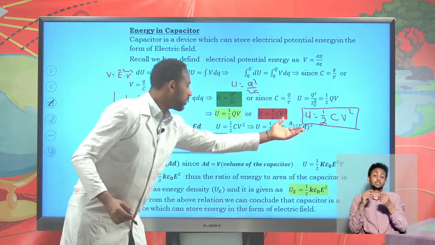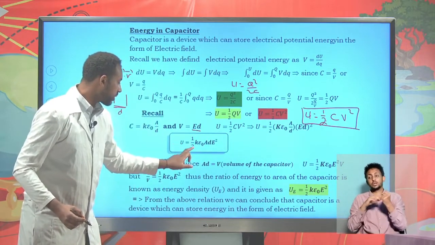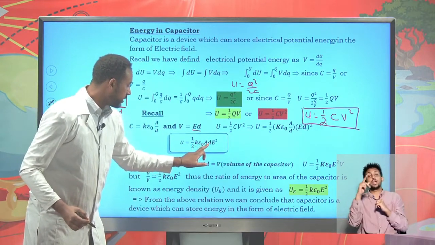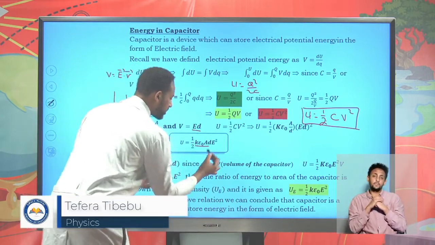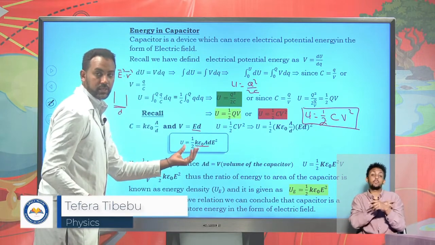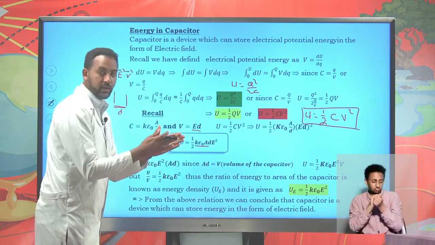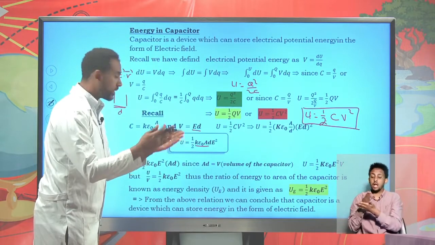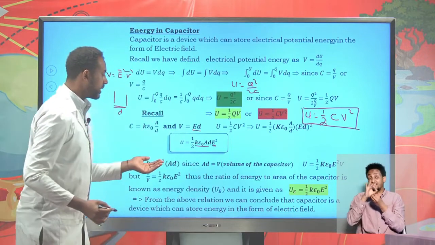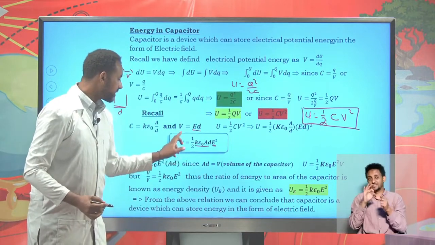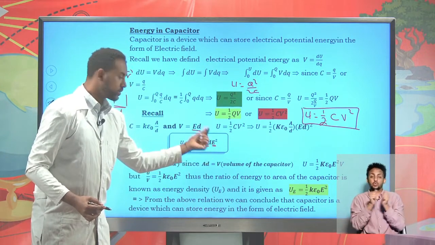Substituting all those values, you can find the energy stored in the capacitor as 1 over 2 K epsilon naught A d times the electric field strength squared. Look here, all those properties are constant for a given capacitor. The area is not going to change, and the gap between the plates is not going to change. The only factor that affects it is the electric field strength, so the electric potential energy is associated with the electric field strength squared.